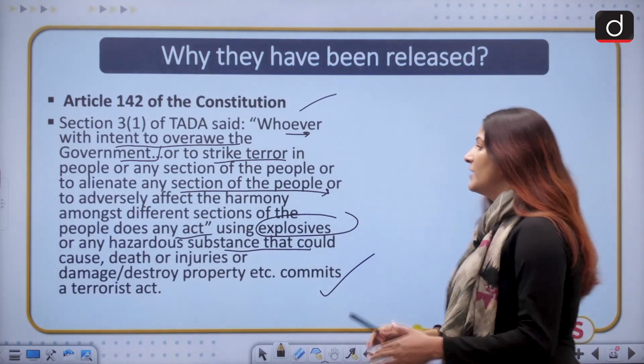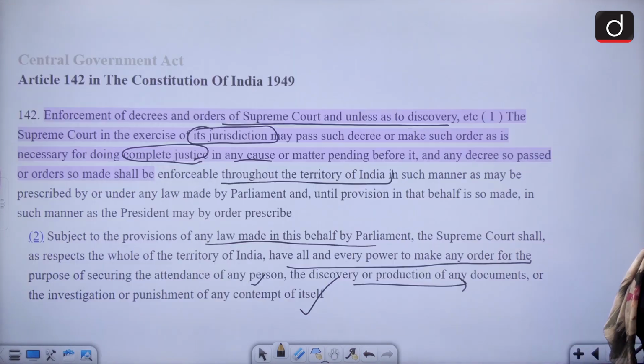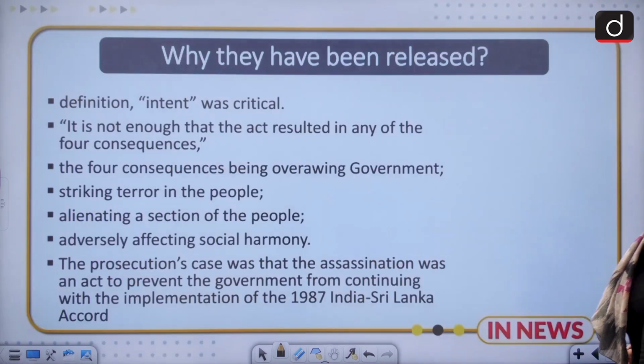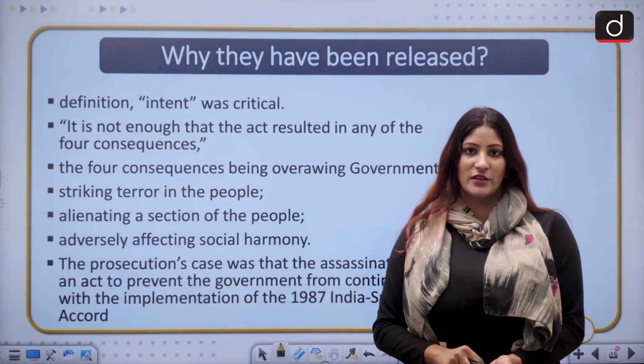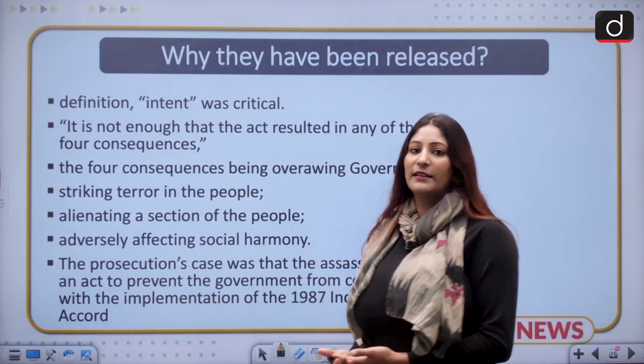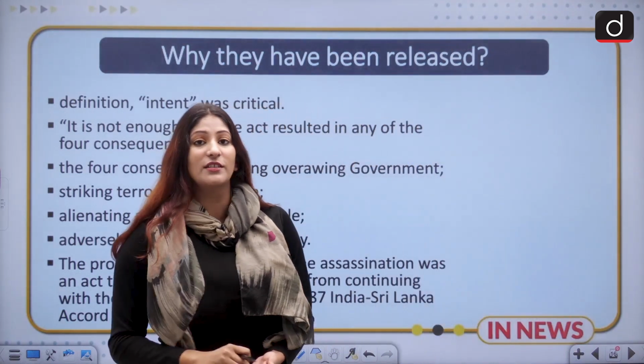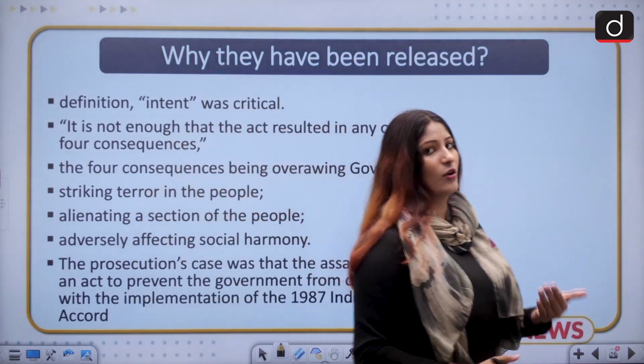So first we have to understand this particular section in division. Now, the definition of intent has been questioned. What was the intention behind this attack? This was the major question that the Supreme Court had been asking for a very long period of time.